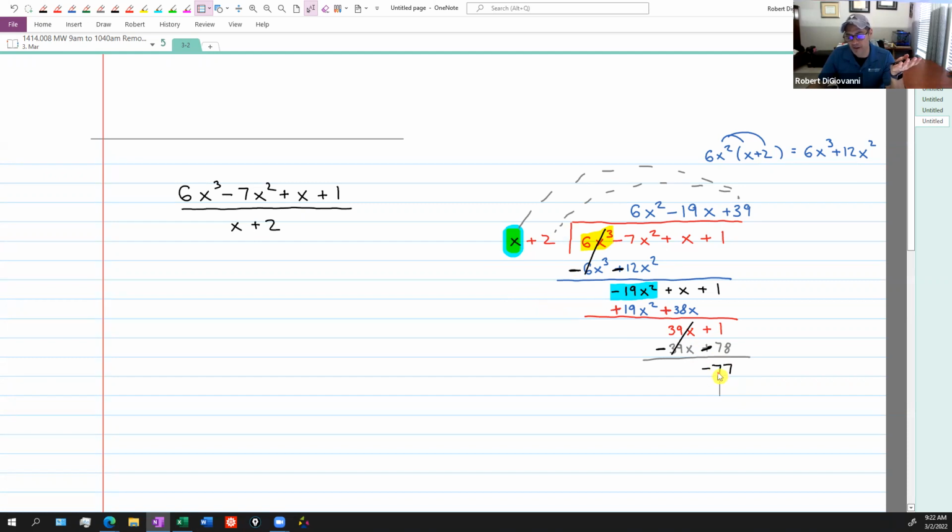So like I have a -77, right? I cannot multiply x by anything to get -77. I can't, because this doesn't even have an x in it. So at this point, I'm done. And this is my remainder. Okay. So what I would put here is my remainder is -77.